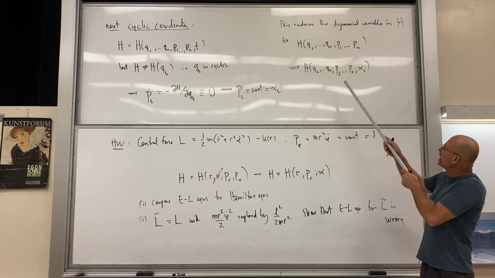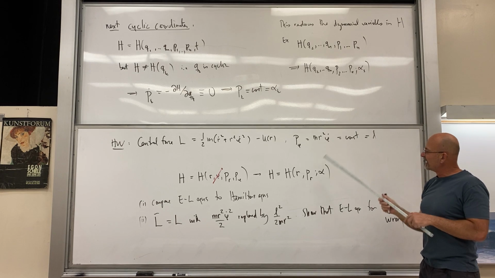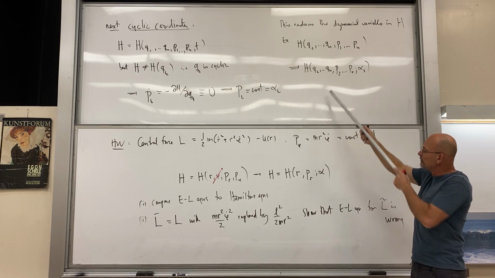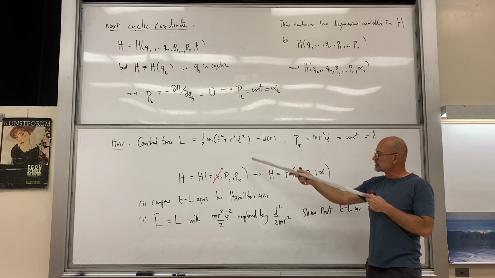So this feature of reducing the number of dynamical variables is allowed with Hamiltonian mechanics, but not allowed with the Euler-Lagrange equations, with the Lagrangian.